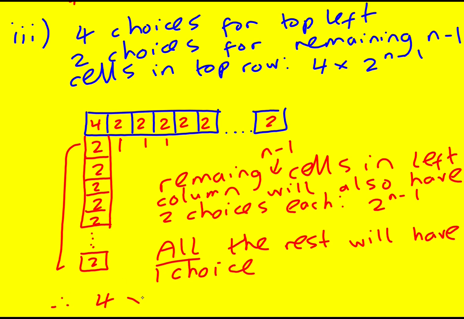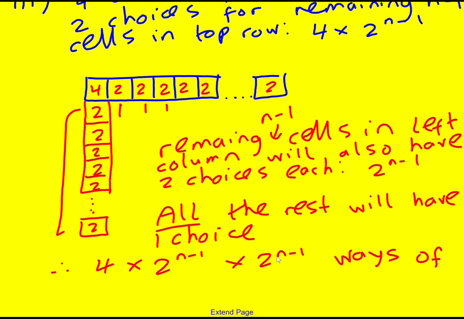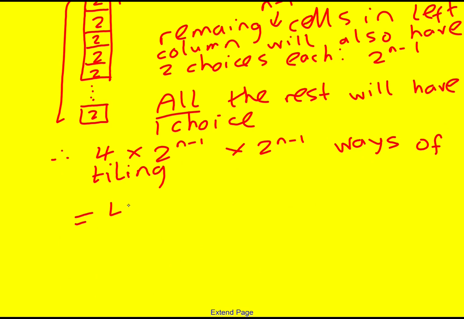Therefore, it's going to be 4 times 2 to the n minus 1 times 2 to the n minus 1 ways of tiling. This becomes 4 times 2 to the... we can actually add the powers here. This is a little rule of indices. So if you ever have, say, x to the 5 times x cubed, we actually get x to the 8.